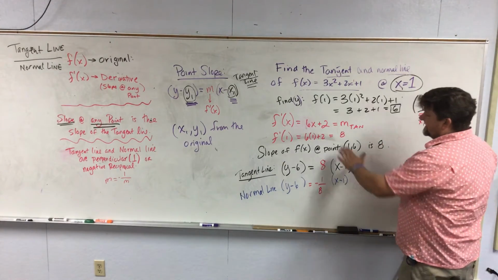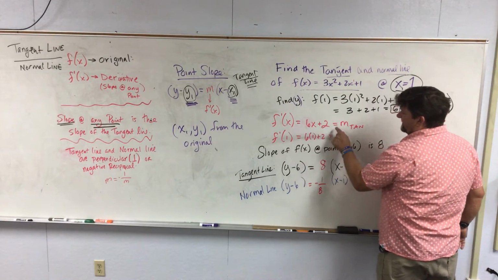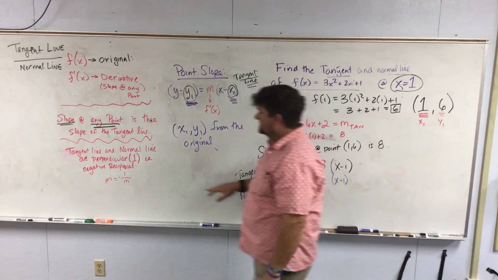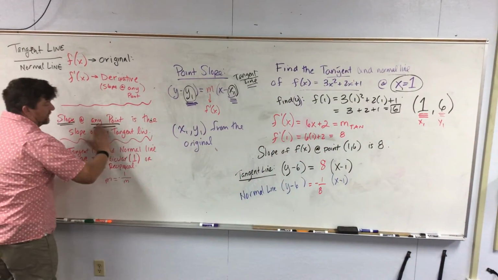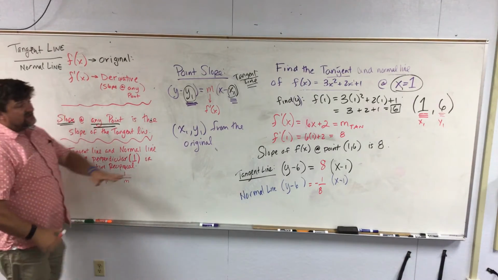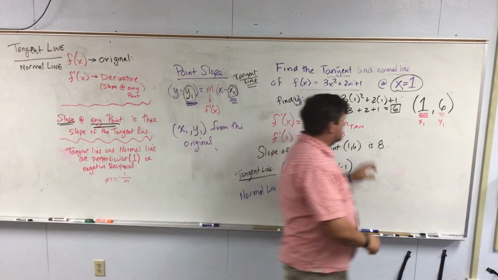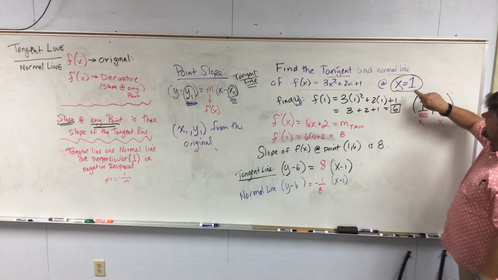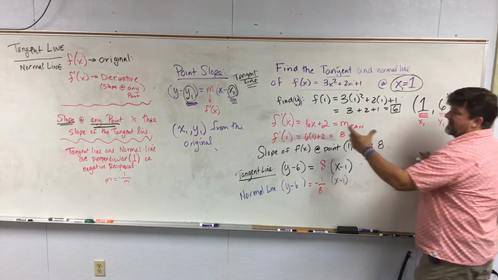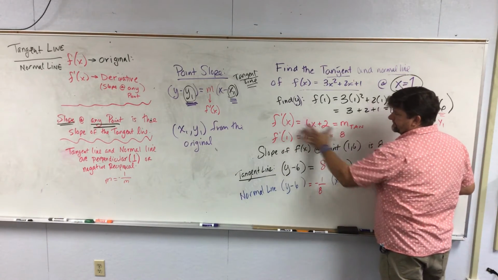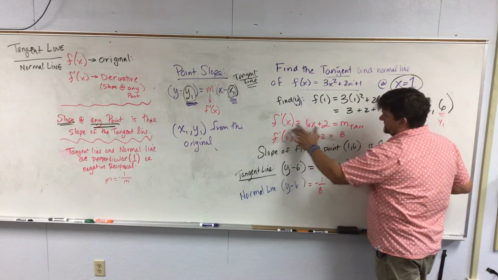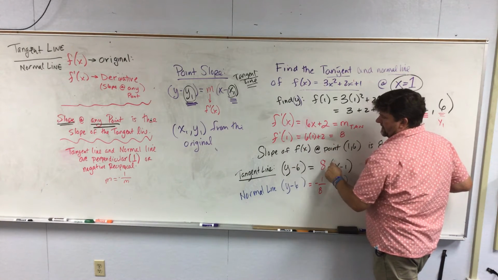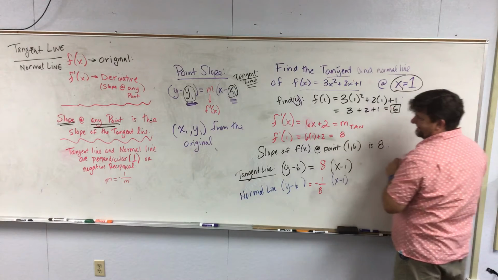Now, that gives us the equation for the slope of the tangent line. The derivative is the slope at any point, so we have an equation for the slope of the tangent line at any point. But what specific point? We wanted x equals 1. So we take our slope equation for the tangent line and plug in 1, and we end up with 8.